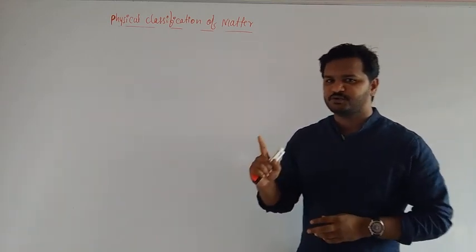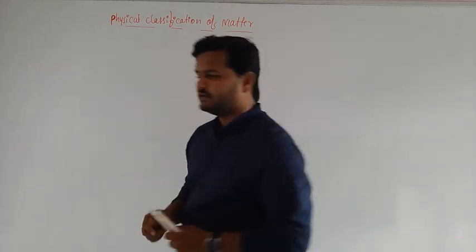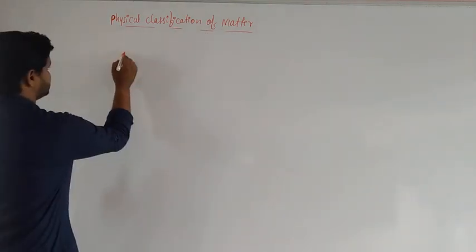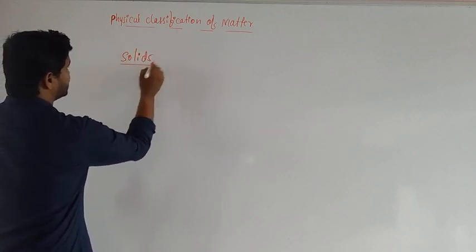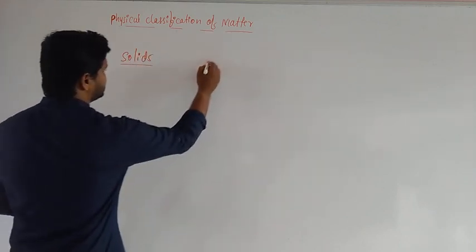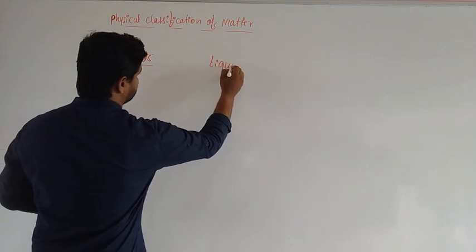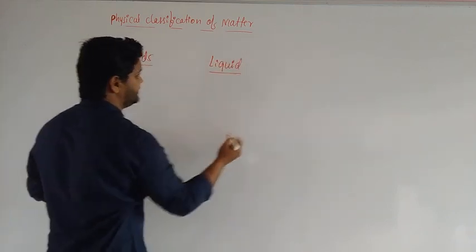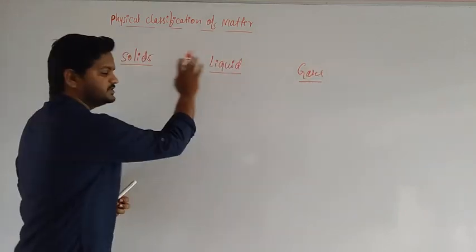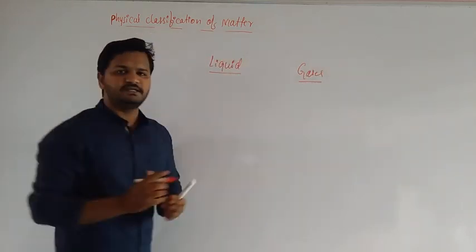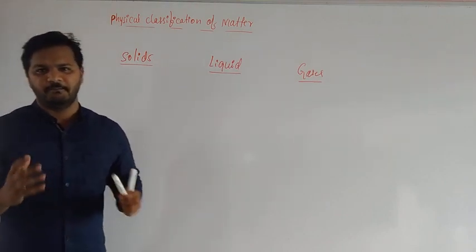Three. First one is solids, second one is liquids and third one is gases. These three are the physical states of matter.